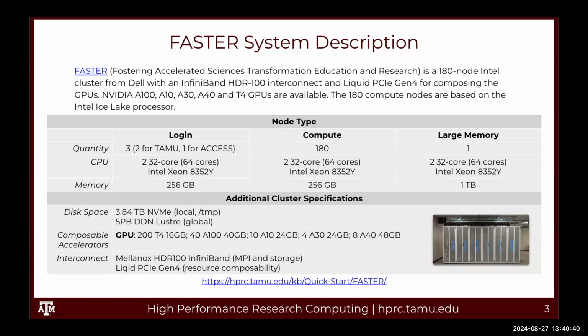And we have three different types of nodes available to the users: the login nodes, the compute nodes, and the large memory nodes. Based on your requirements, you can use the nodes. For more details on FASTER, you can again visit our knowledge base and visit the link which we have provided in the slide.